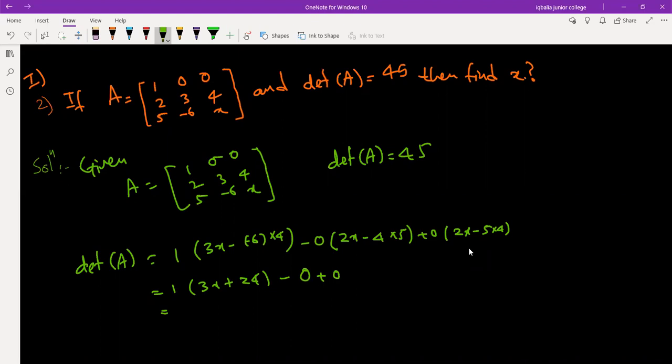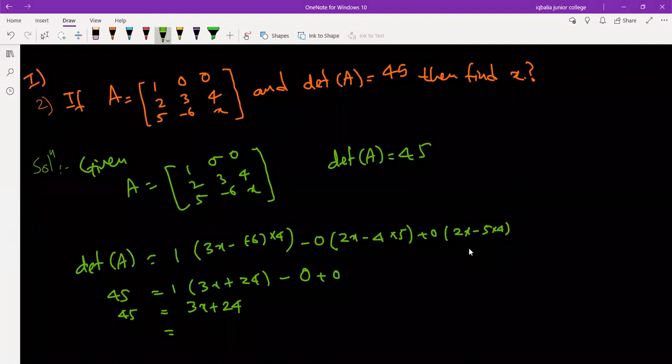Okay, now determinant A is 45. So here we are going to write 45 equals 3x plus 24. Now 24 will go to the left-hand side, then it will change the sign. So here we will have 3x equals 45 minus 24.